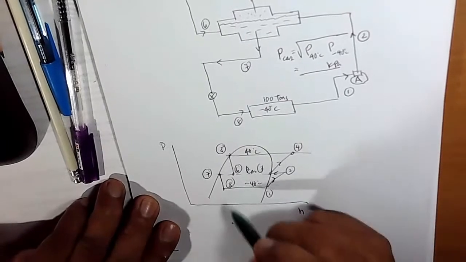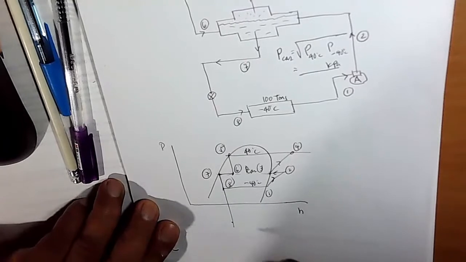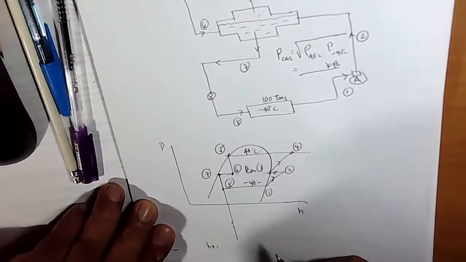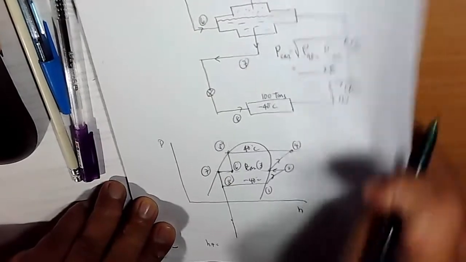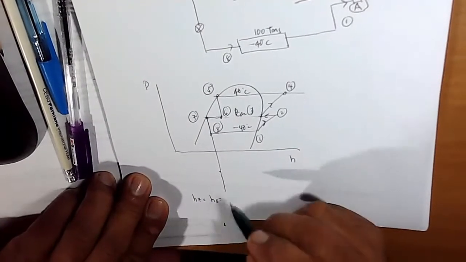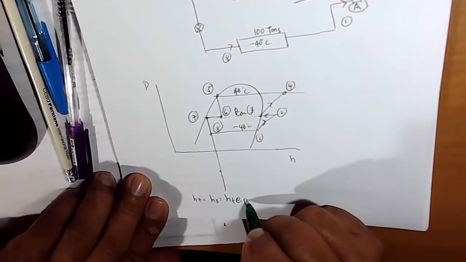And this one we have there, H7 equal to H8, equal to Hf at P cascade.